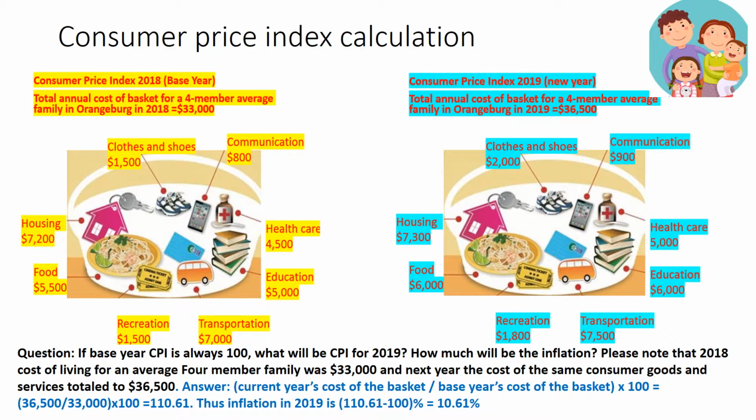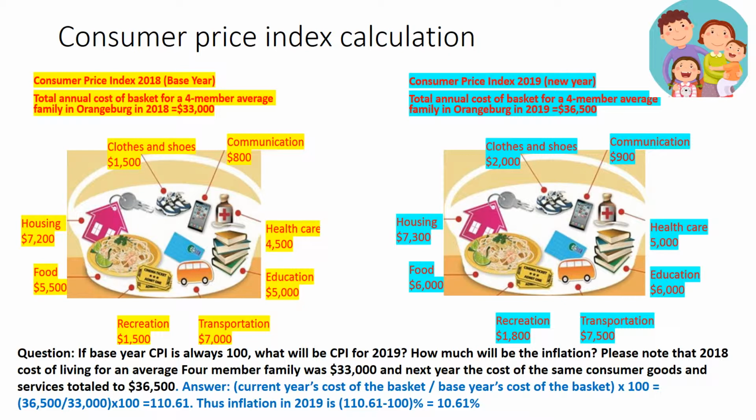So current year's cost of the basket is on the numerator, that's $36,500, divided by the denominator, the base year's cost of that basket, which is $33,000. So $36,500 divided by $33,000 times 100 will give us 110.61.